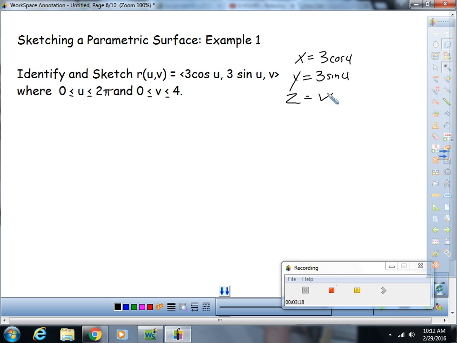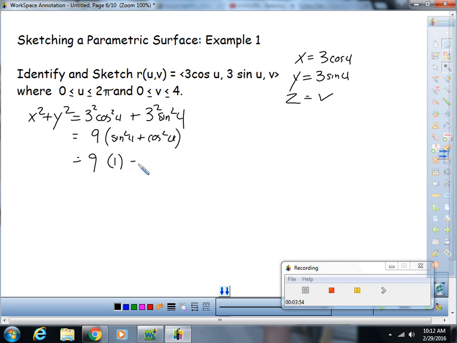Notice that x squared plus y squared equals 3 squared cosine squared u plus 3 squared sine squared u, which is 9 times sine squared u plus cosine squared u, which is 9 times 1, which is equal to 9. So we know that x squared plus y squared will always equal 9.